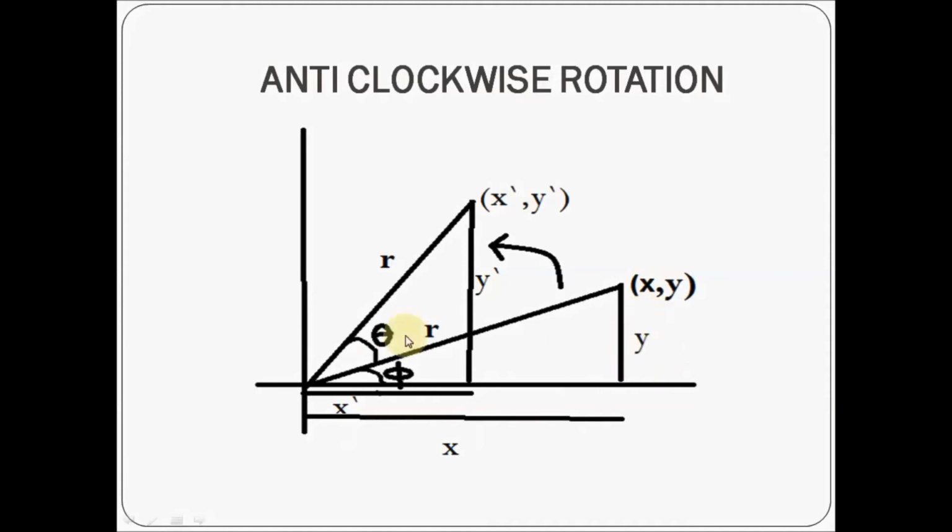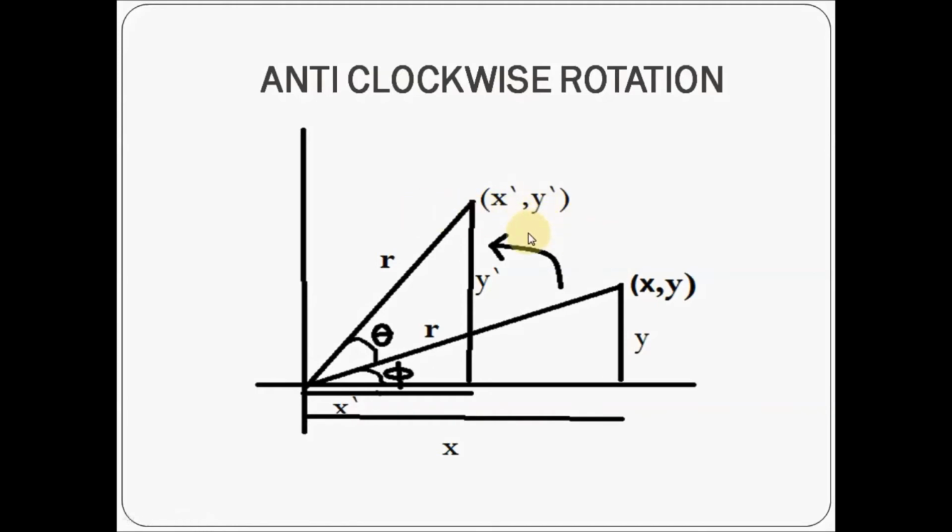After rotation you can observe the value is x dash and the value is y dash, and this is the radius. Radius won't change here. So initially the values are x and y. After the anti-clockwise rotation, the value is changed to x dash comma y dash. Getting, guys?